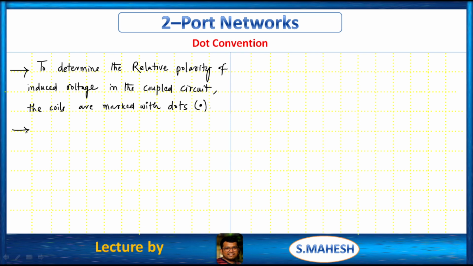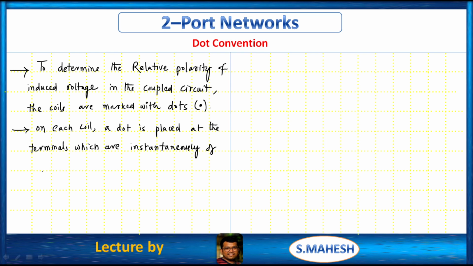Then on what basis are we providing this dot convention? On each coil a dot is placed at the terminals which are instantaneously of the same polarity, on the basis of mutual inductance alone.